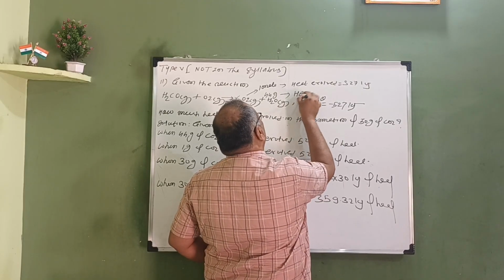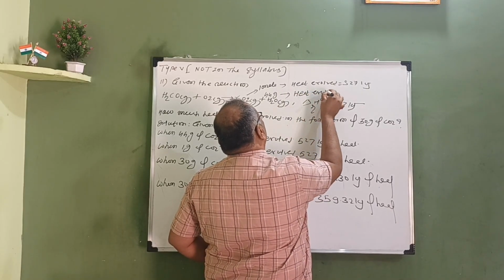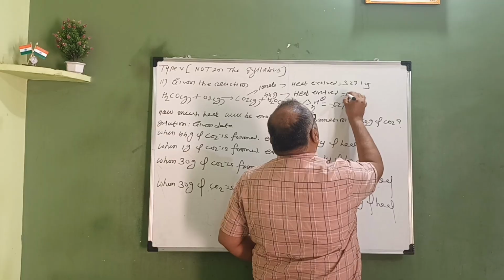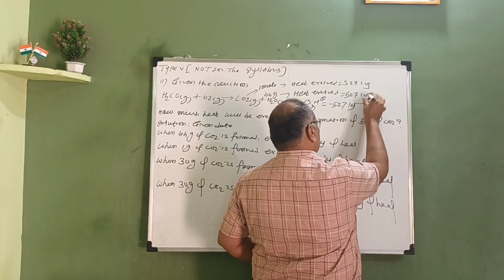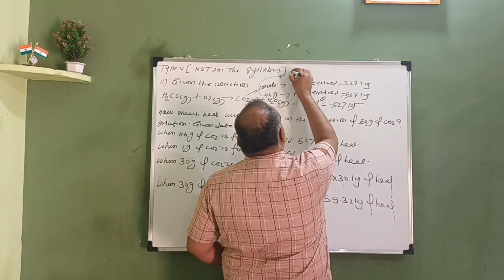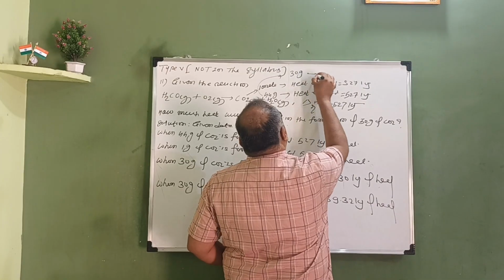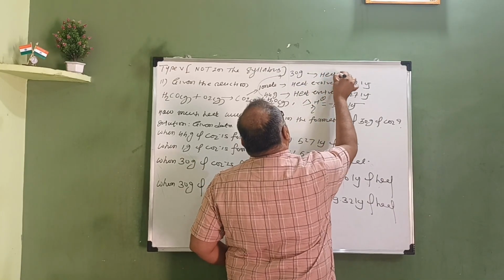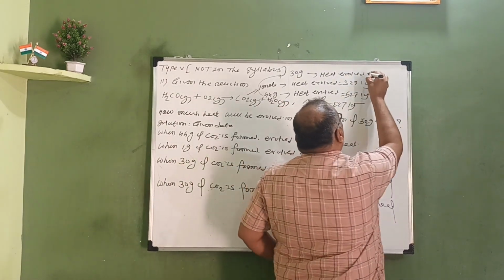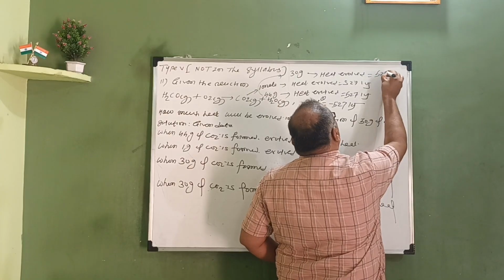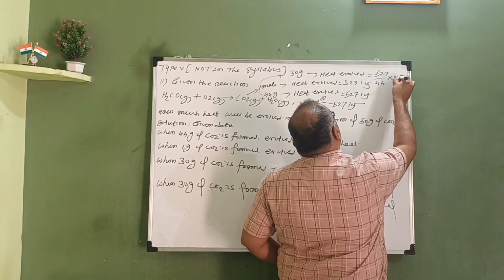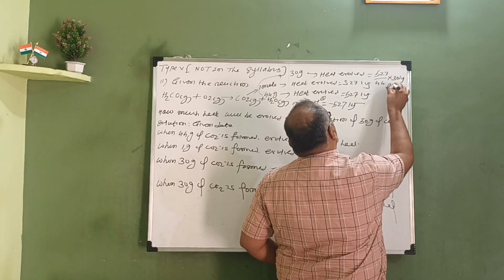Heat evolved equal to 527 kilojoule, and hence for 30 gram heat evolved equal to 527 upon 44 into 30 kilojoule of heat.